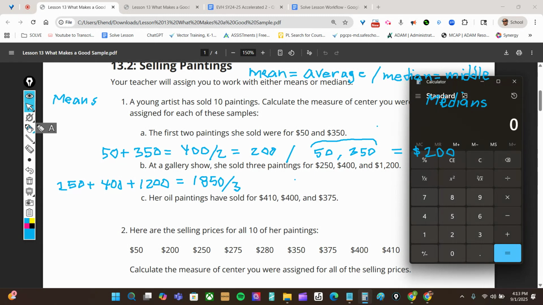Okay, so that is approximately 616. Okay, and we can round that up to 617.